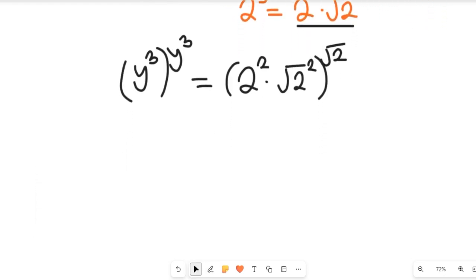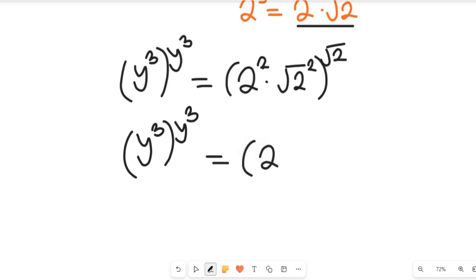Fine. So having done that, from the right hand side we have the same exponent, so this can simplify to give us 2 root 2, all squared, multiplied by the square root of 2.